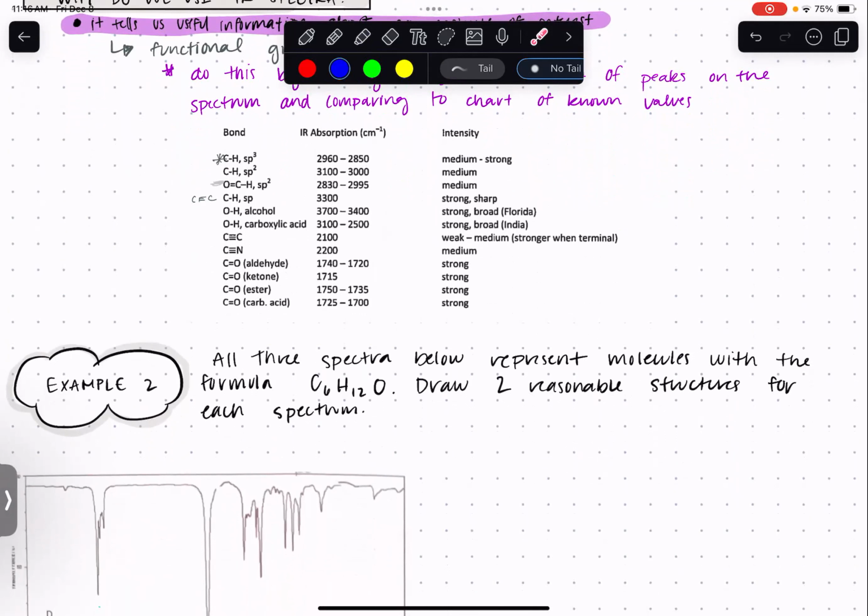And so when we look at a spectrum, I think the best way to go about looking at these is to look at the specific pieces of your spectrum and try to see if you have certain peaks that are correlated with those different functional groups.